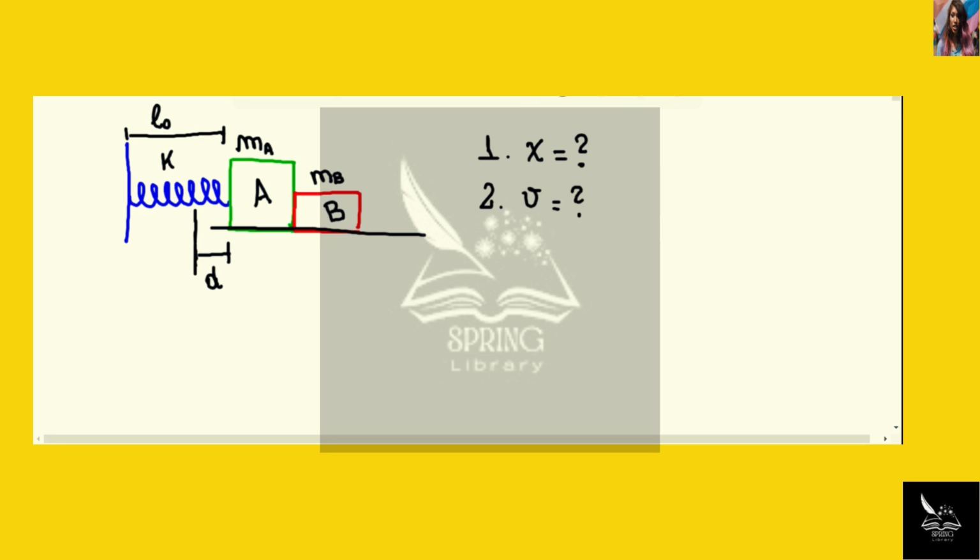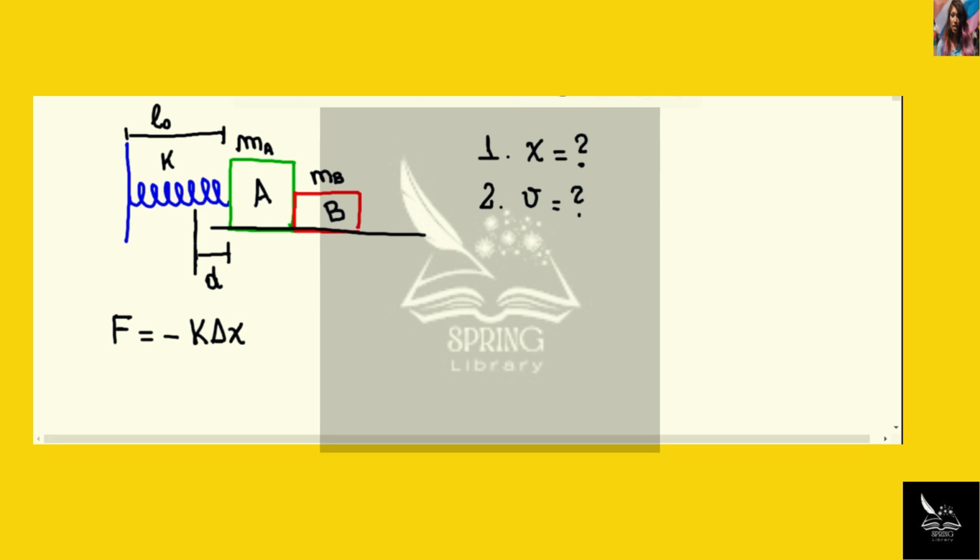Okay, so what we need to do here is to draw the free body diagram for both blocks. And in order to do that, first we need to remember how we calculate the elastic force coming from a spring. So the force is equal to minus K times delta X, where the minus sign is here to guarantee that the force is contrary to the direction of compression.